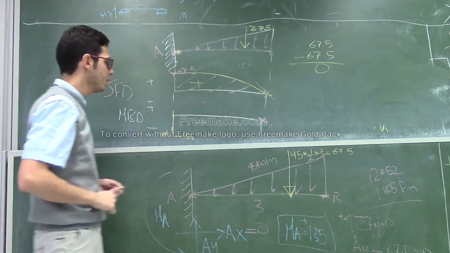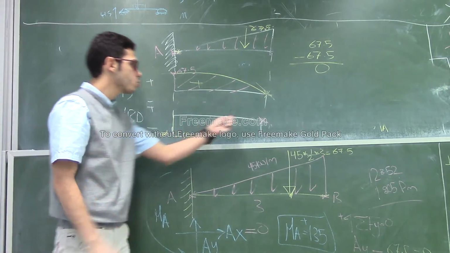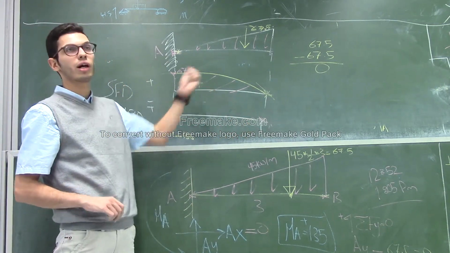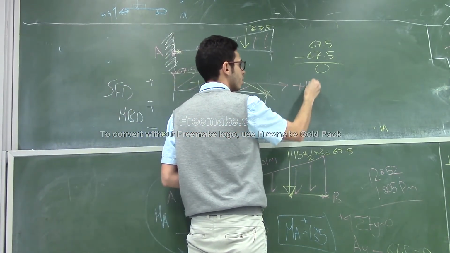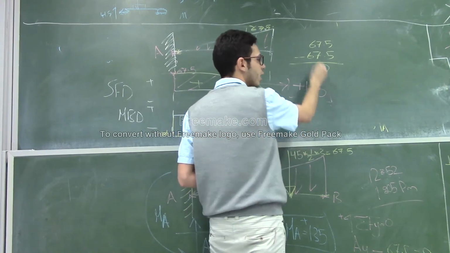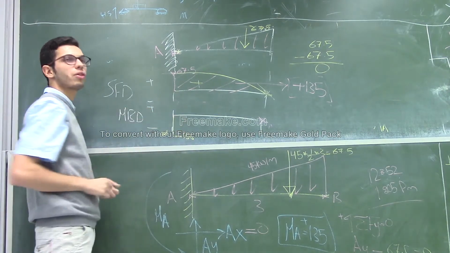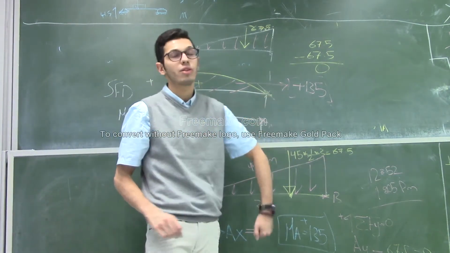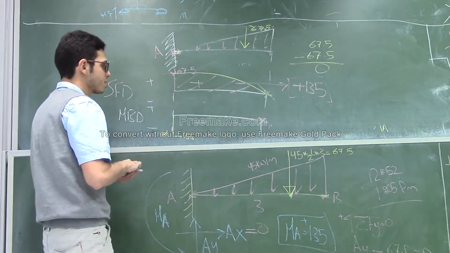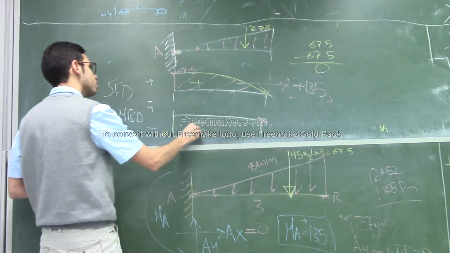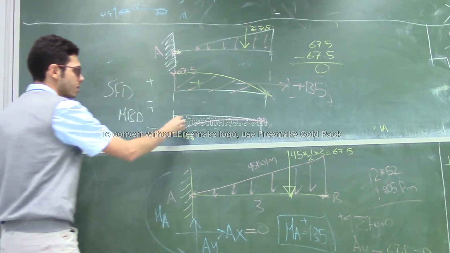This area should be equal to positive 135, because you should always end with 0. No need to calculate this one. It's logical. So now you have minus 135 and positive 135 and the result is 0. Just imagine a line between 2 points and go up. So this is the moment diagram.